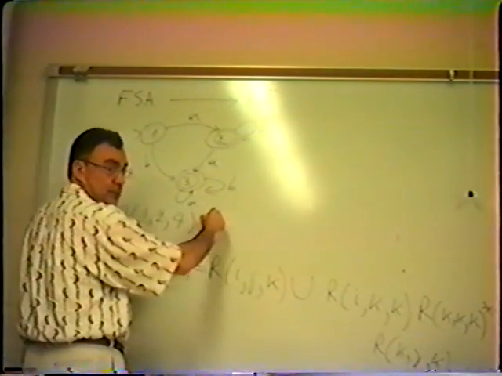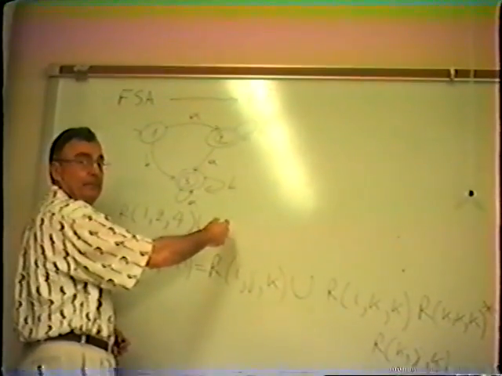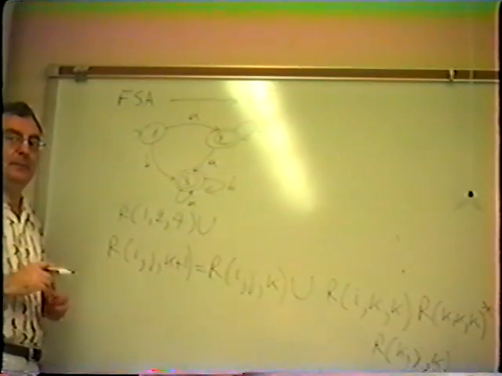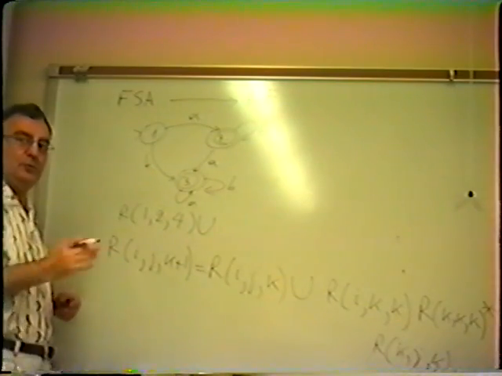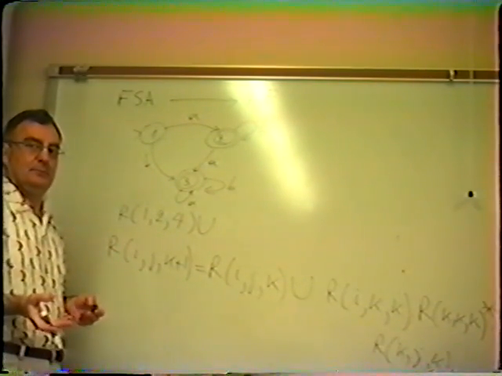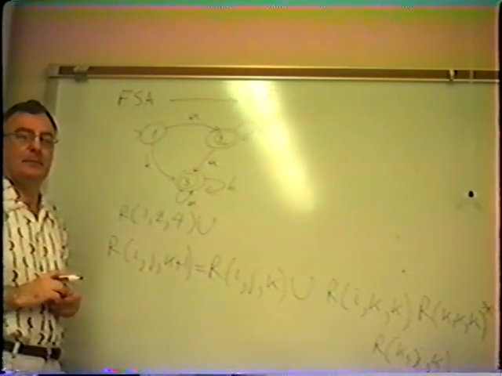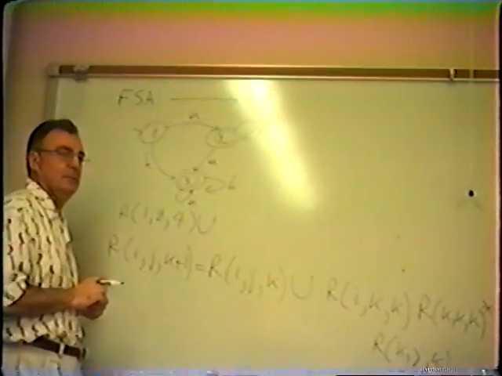R 1, 3, union, all the strings that will get you to 2. Union what? R 1 to 3. Not 1 to 3. 1 to 3 means you want to go from 1 to 2 again. If 3 is the final state, then we have to find all the strings that take you from 1 to 3.